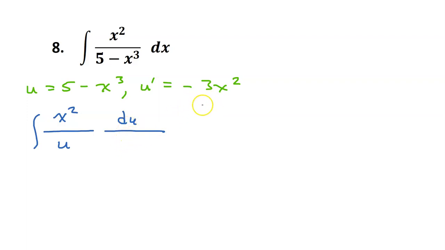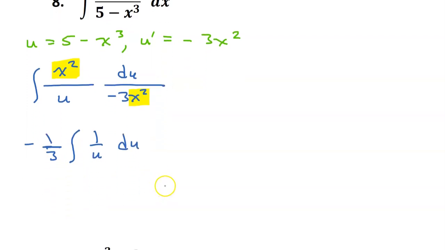In other words, du over negative 3x squared. The x squared in the numerator will cancel out the x squared in the denominator. The negative 3 in the denominator will end up as a negative 1/3 out in the front. So now we have negative 1/3 times the integral of 1 over u du.